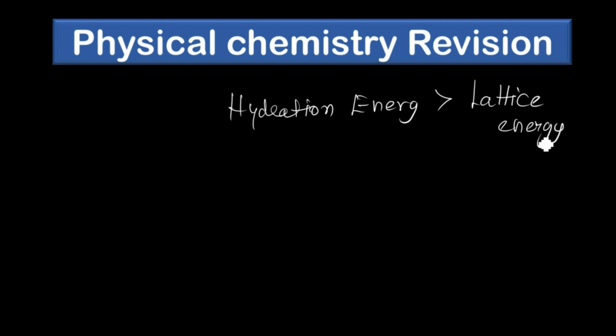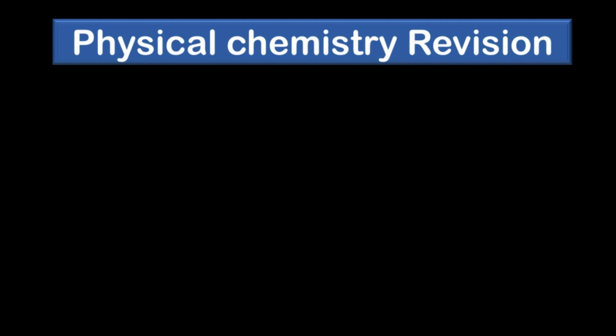So the question can be asked in a way to find out the lattice energy and tell which is soluble or not. And the important point is that no compound is 100% ionic, and every compound contains some kind of covalent nature as well.